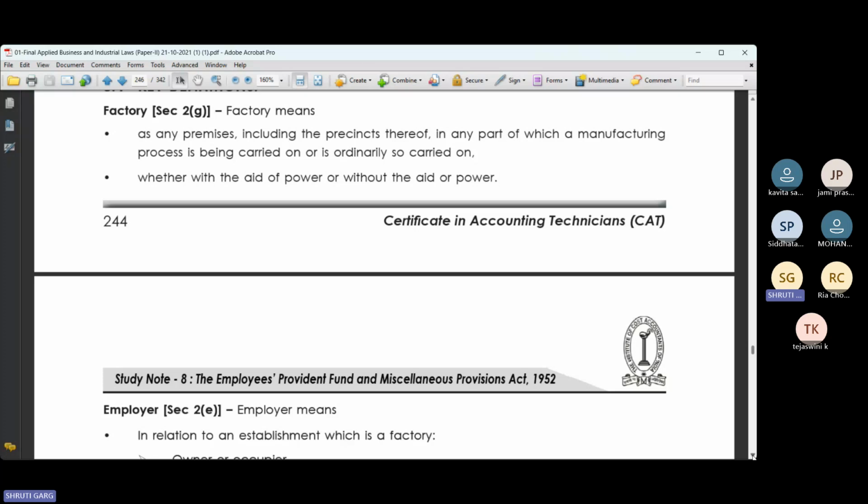A premises, including its boundary, where any manufacturing process is being done will also be deemed in the definition of factory.